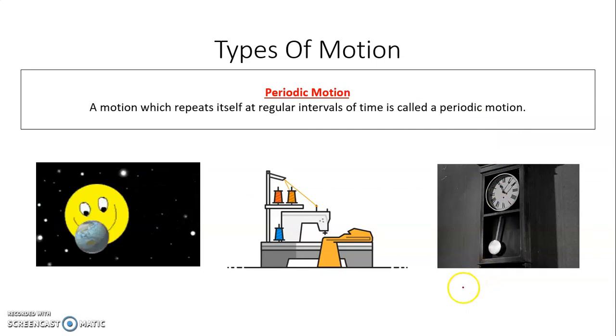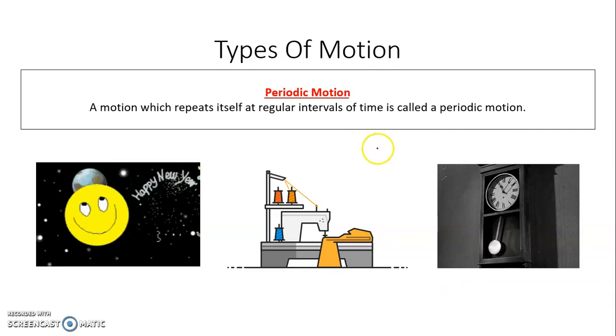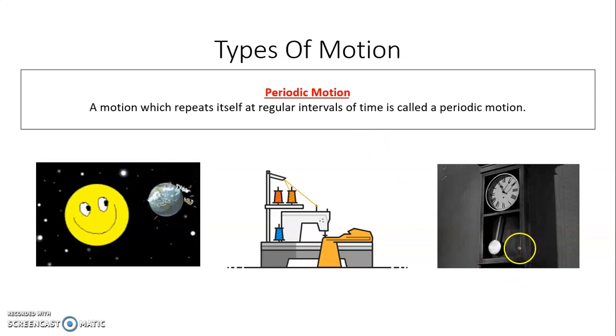Now you will say, ma'am, you have mentioned that this is an oscillatory motion, then how can this be a periodic motion? Yes, it is possible because this to and fro, this oscillatory motion, repeats itself at regular intervals, and then we term it as periodic motion.